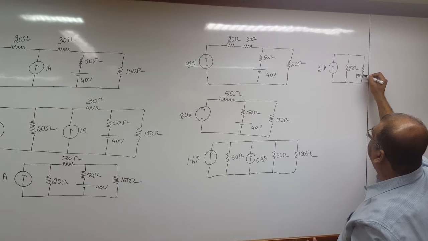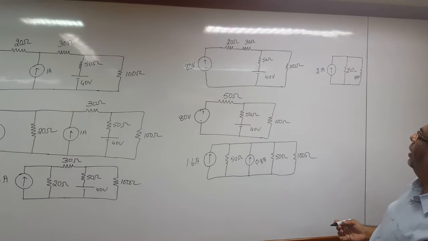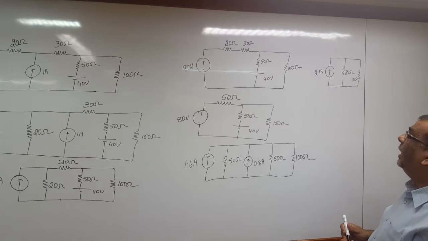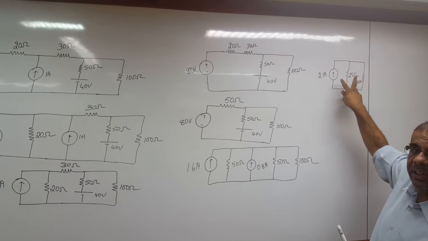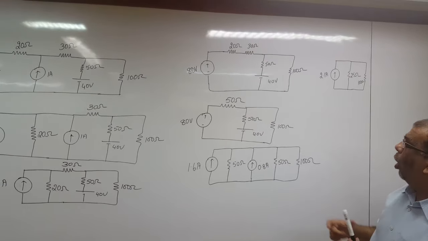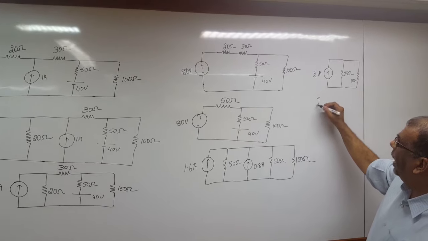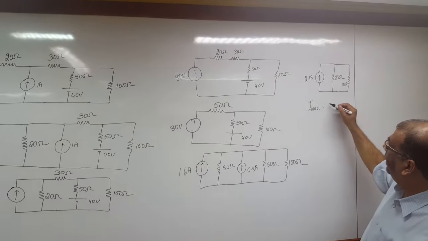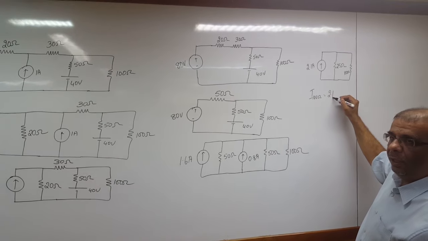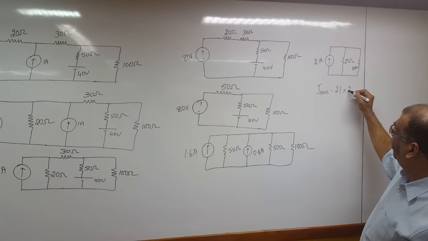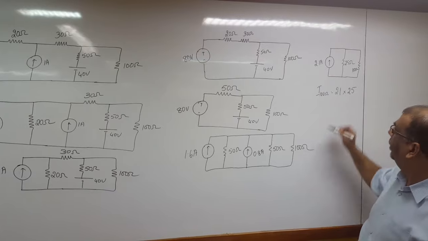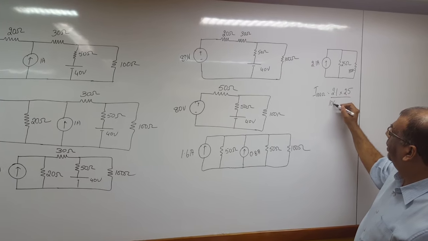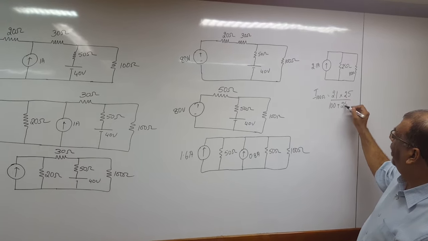At this point of time, we can reconvert this current source to a voltage source, or we can straight away apply the current divider rule, which says take the main current 2.4 multiplied by the opposite resistance 25 upon 100 plus 25.